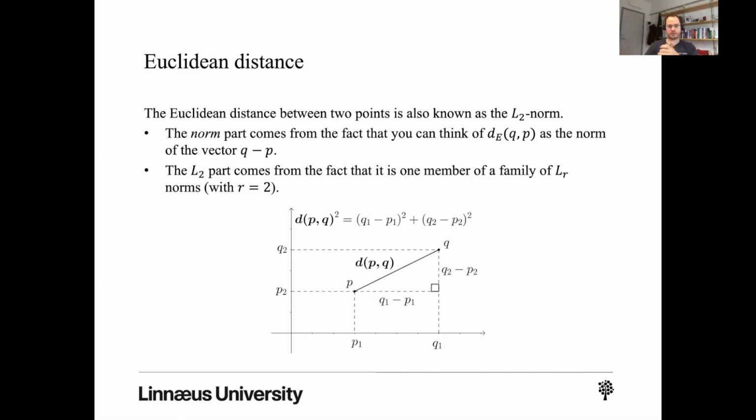These are all perfectly reasonable distance measures with their own quirks and their own characteristics.